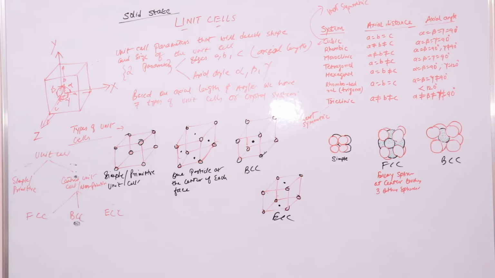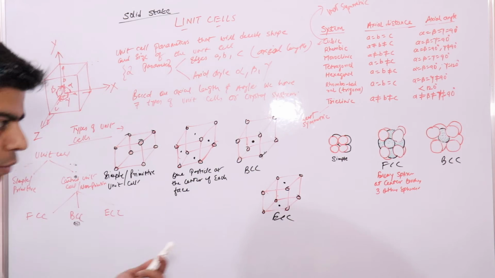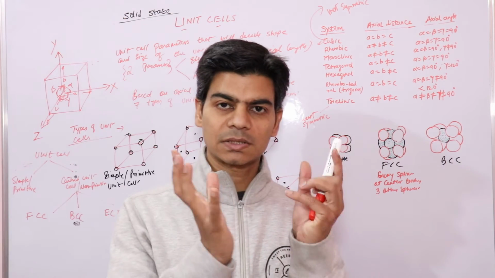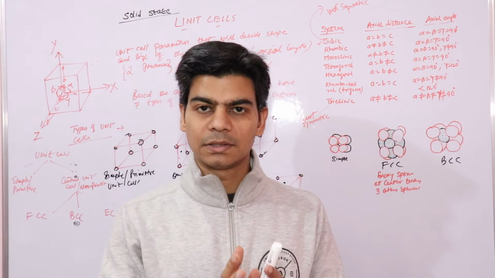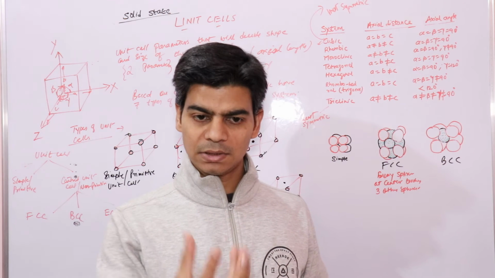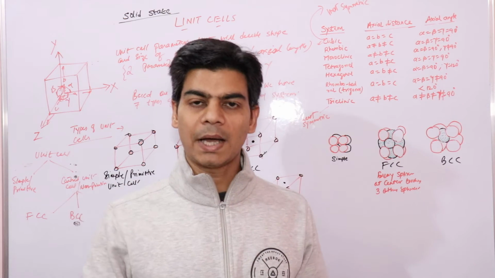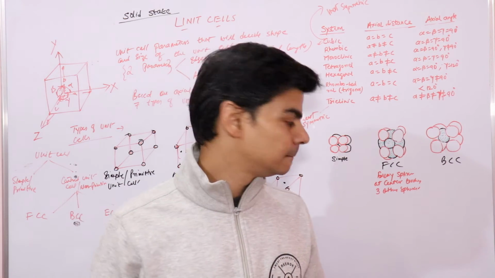These diagrams are representing the unit cells, right? And we know that unit cell is the smallest part of the crystal lattice, right? Or we may also say unit cell is the basic structure that shows how particles are closely packed in the crystal, right?